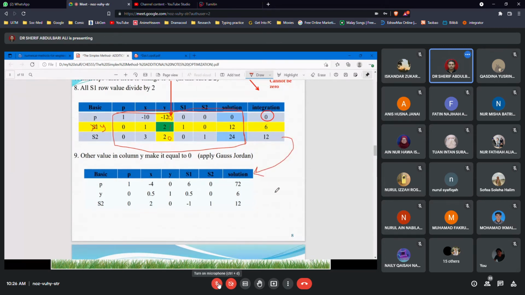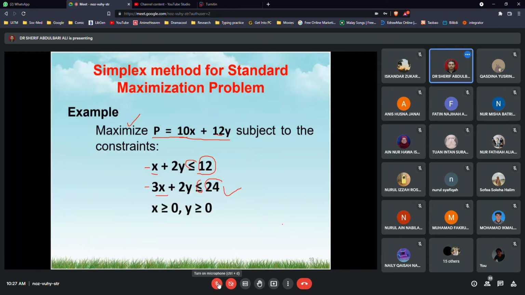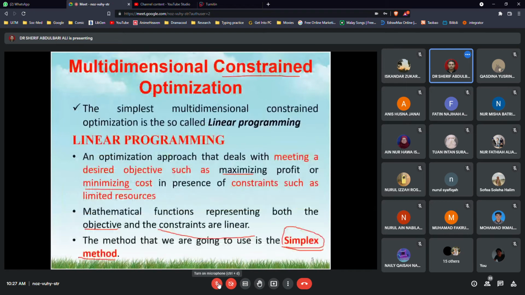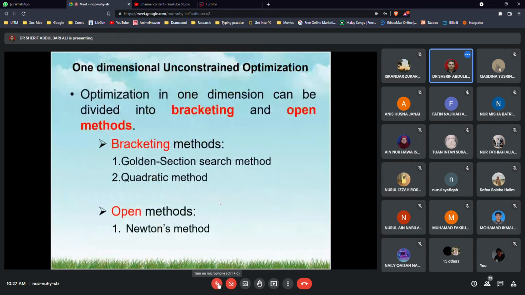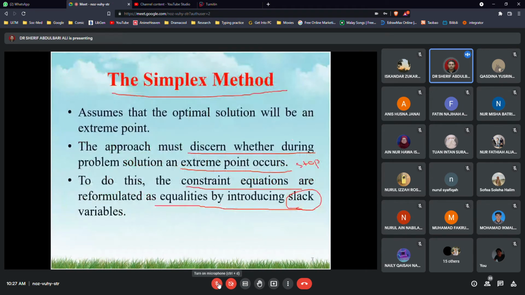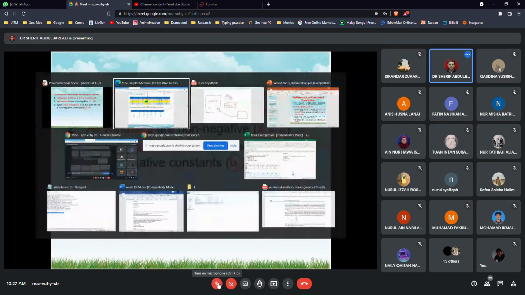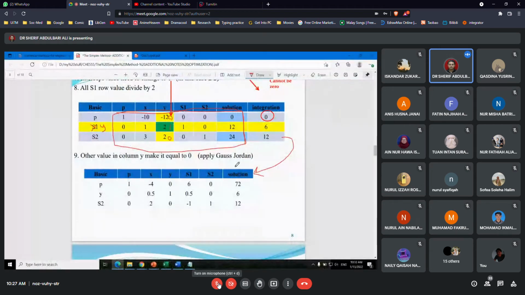So now this is the time when we said at the slides, at the simplex methods, this approach must discern whether during the problem solution an extreme point occurs or not. So now this is the point to check, did we achieve the answer or not?